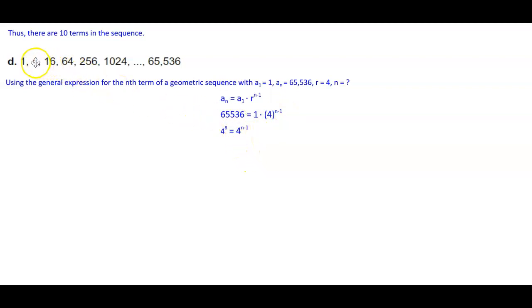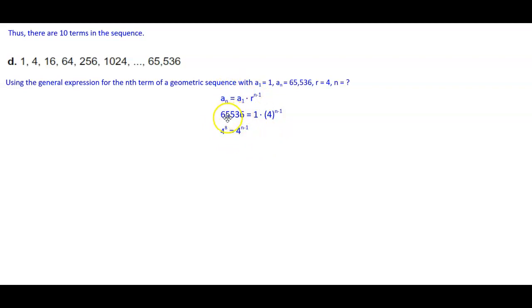If you notice here, 4 to the 0 power is 1, 4 to the 1 is 4, 4 squared is 16, 4 to the third power is 64, 4 to the fourth power is 256, 4 to the fifth power is 1024. So we need to find the same base, because 1 times 4 to the n minus 1 is 4 to the n minus 1.